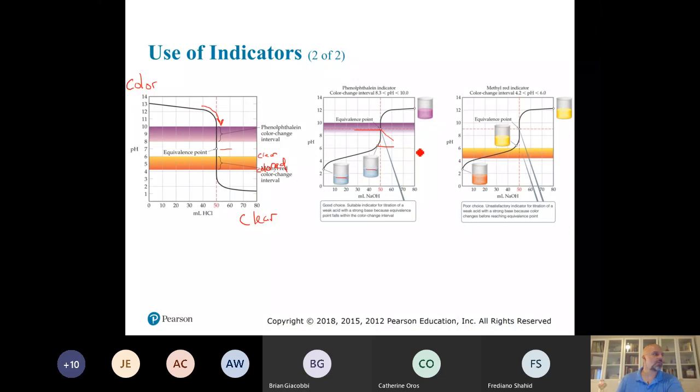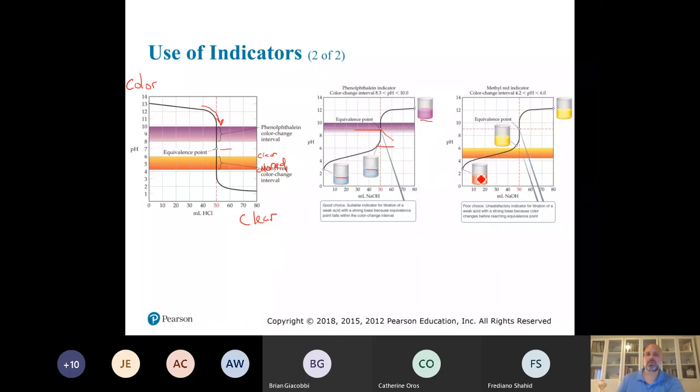So we have this rapid change in color that occurs at the equivalence point, and this is perfect for the color indicator to show for this titration. So you end up with dark purple in the end, so you can tell exactly when you're at the equivalence point.